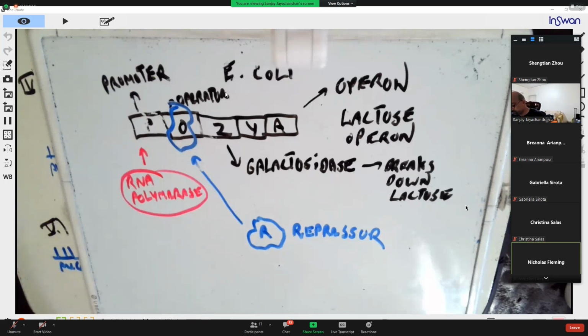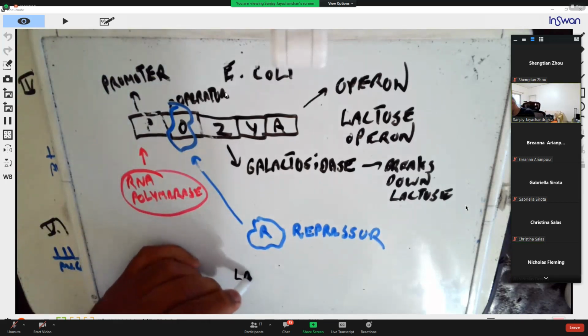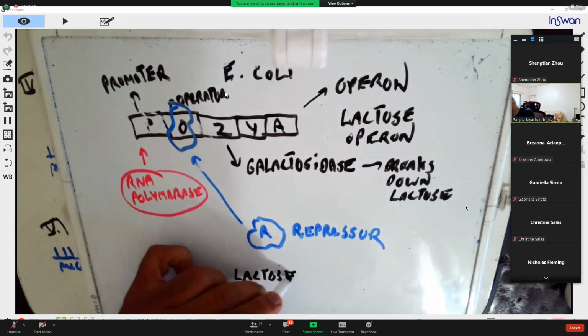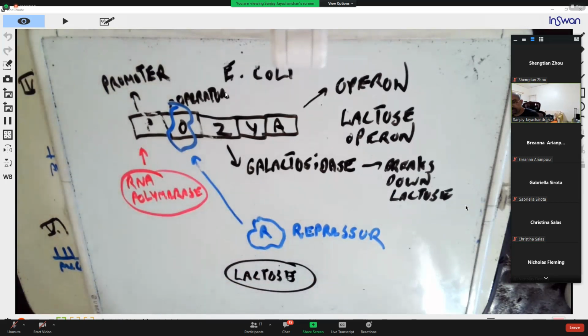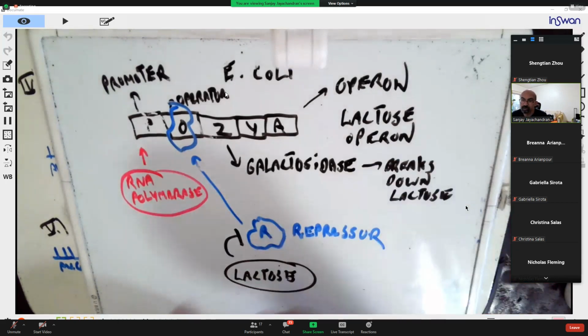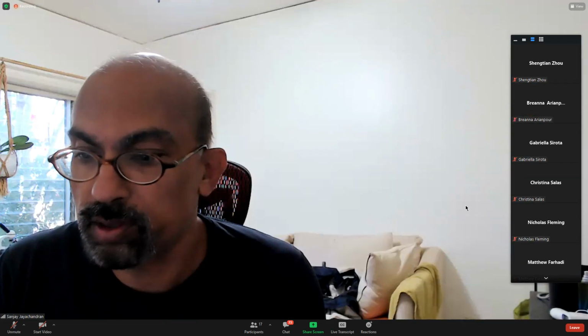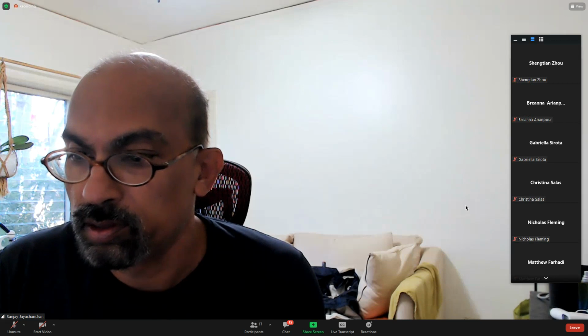Exactly. What happens is lactose itself gets rid of the repressor, blocks out the repressor. So it helps its own breakdown. This is how the on-off system of this operon works. And there are 50 of them. One is the lactose operon. Clear? Yes.